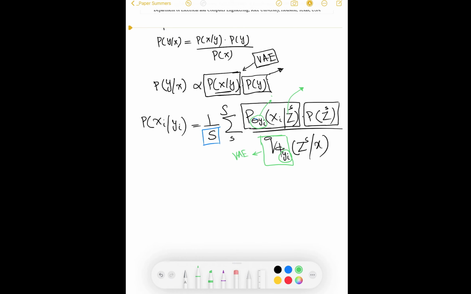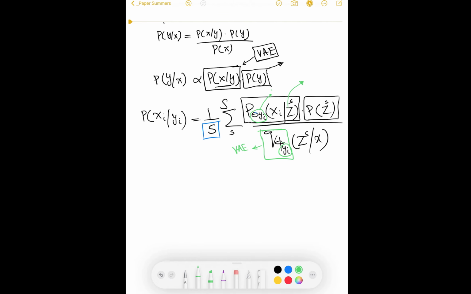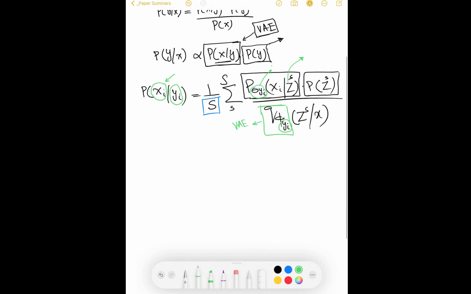In this way, for each, now xi is a test sample, yi is the label. So for example, we learn the whole data set, and we know in the data set we have classes 0 to 9.